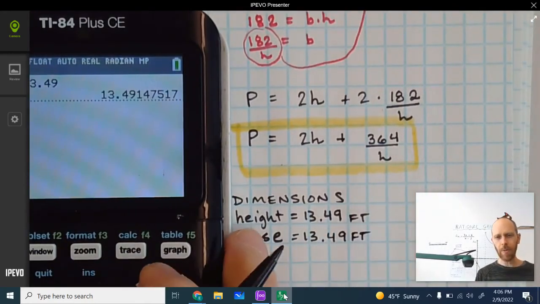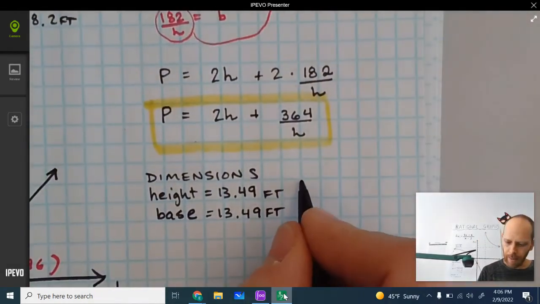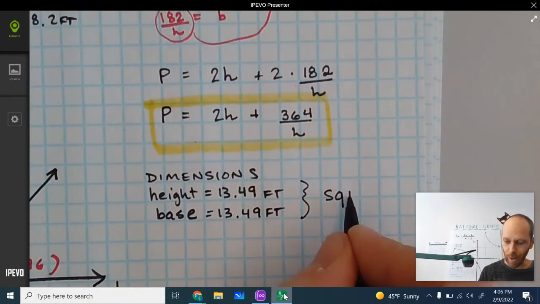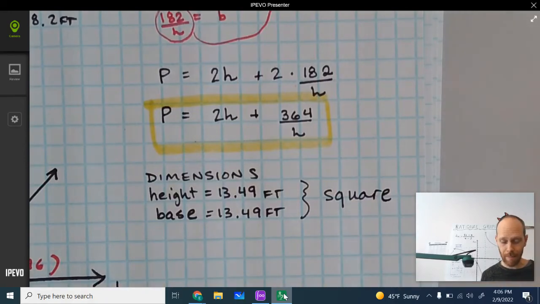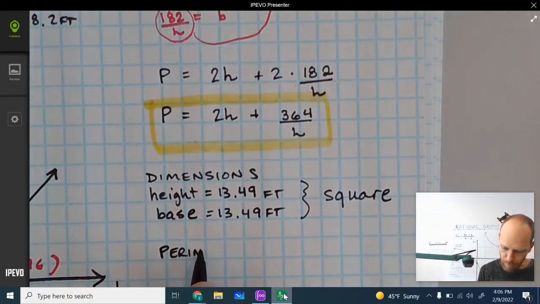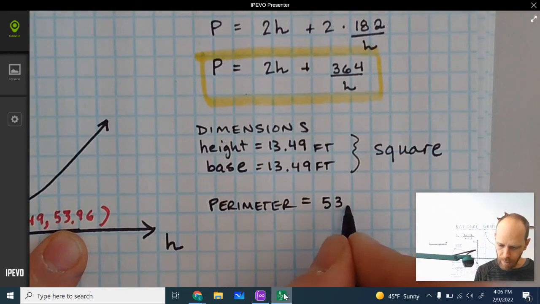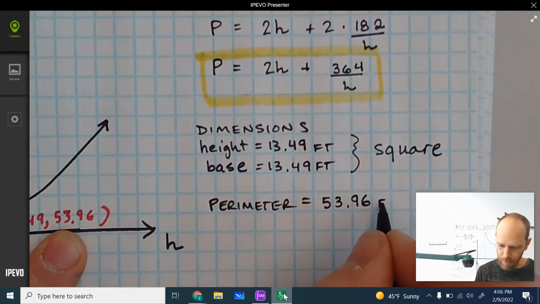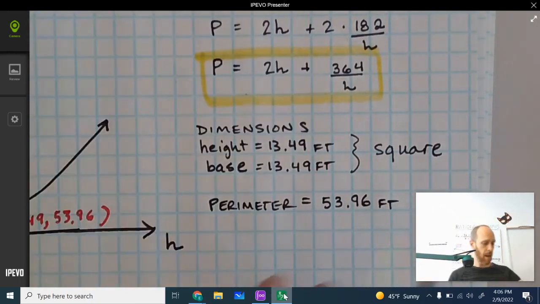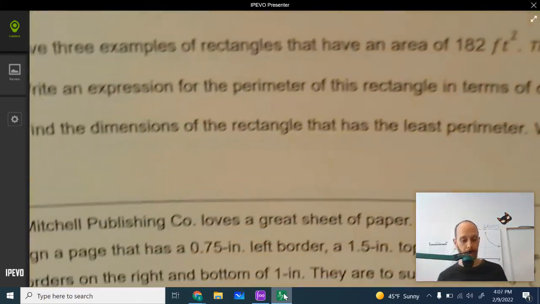In other words, if we want the minimum perimeter, then the shape should be a square, right? Because the base and the height are the same. We were asked for the perimeter as well. And that would be this right here. That would be 53.96 feet.